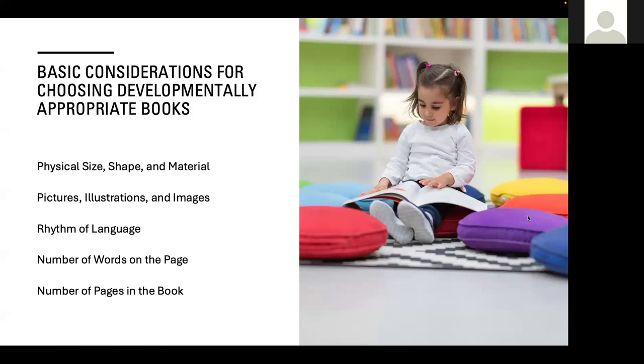And then thinking about the number of pages in a book. Of course, that's very different from a board book to a picture book. So, in one of your readings this week, there'll be an outline of many different types of reading material and these different considerations. But these are just kind of the basics.